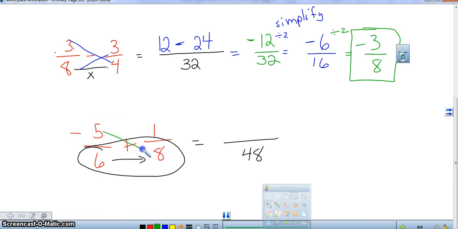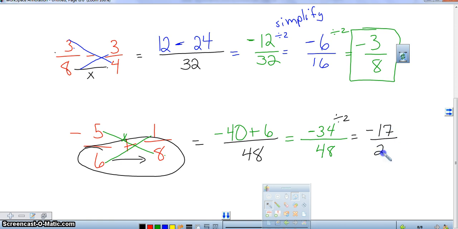Now, when I multiply these two, I get negative 5 times 8, so that's negative 40. So the negative sign has to be there because there was one negative. And then here I have 6 times 1, so it's plus 6. So then I just add negative 40 plus 6. That's going to give me negative 34 over 48. And then I can simplify. I'm going to divide by 2. So I get negative 17 over 24.